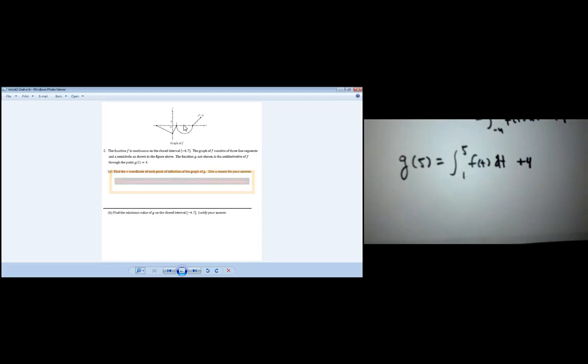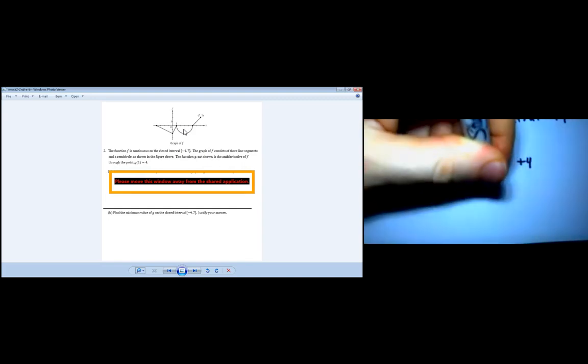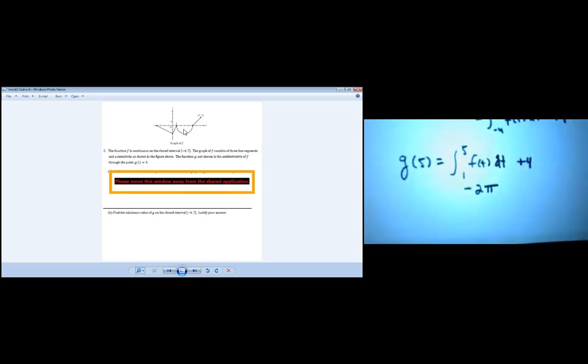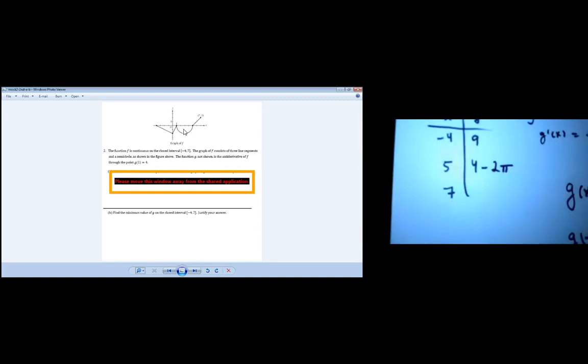The radius of this circle is 2, so the area of the whole circle would be 4 pi, which means the area of a semicircle is 2 pi. The area is underground, so we make it negative, and then I tack on 4. So this is going to be 4 minus 2 pi.